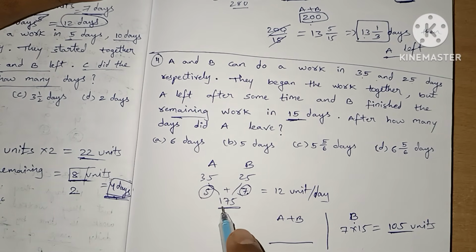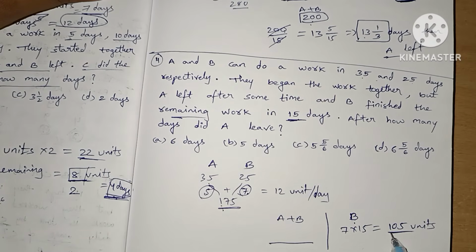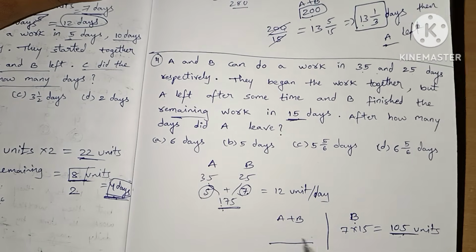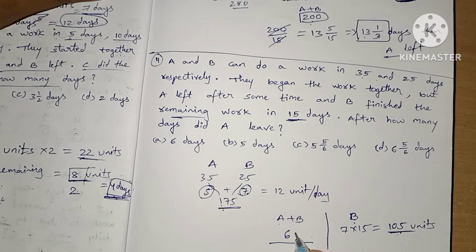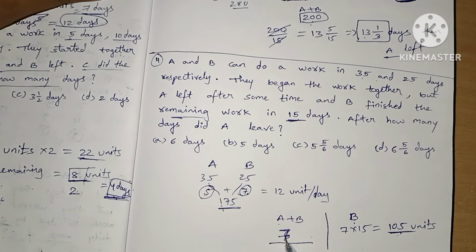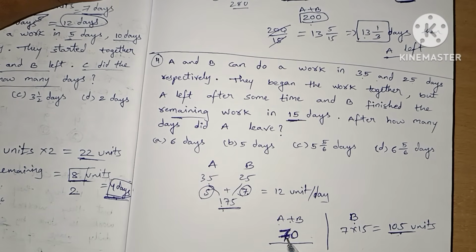So initially there is a total of 175 units. 105 units is completed by B alone after A left. Means A and B together completed 70 units. Yes, 70 plus 105 will be 175. So A and B together completed only 70 units.